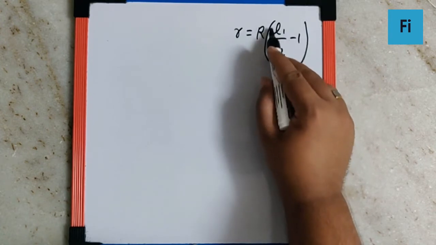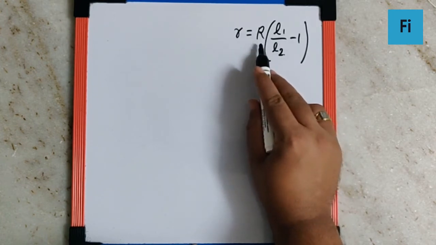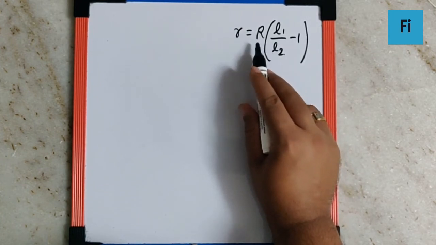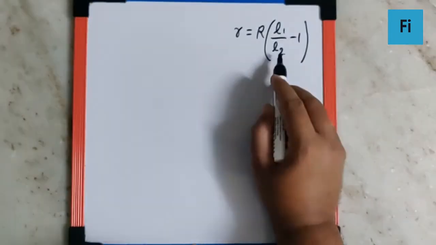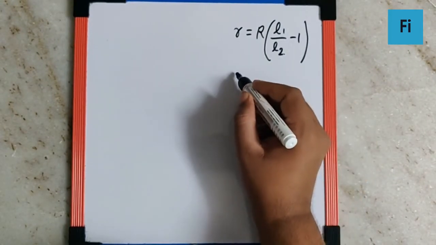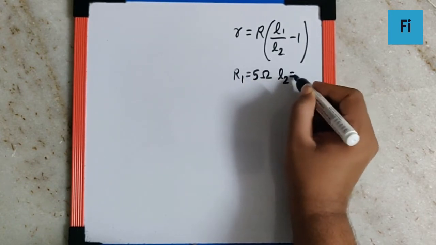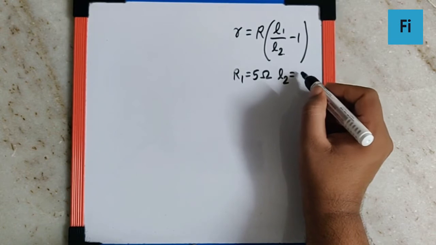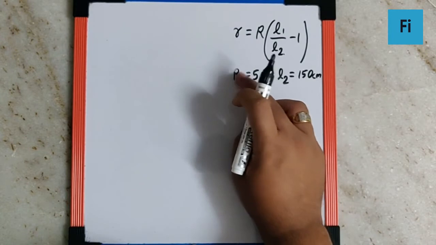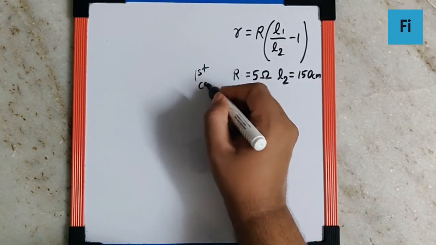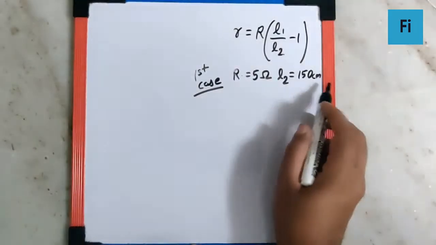That means this is the EMF which is measured of the cell, and L2 is the balancing length when this external resistance is already connected in parallel with the EMF, which means this is the balancing length for the terminal potential difference. So in the first case, when R is 5 ohm, L2 is 150 centimeter.